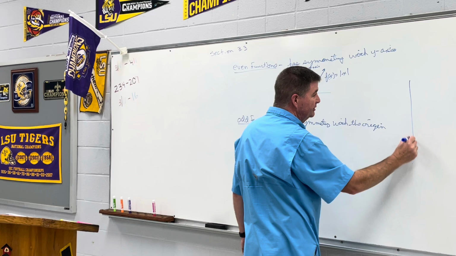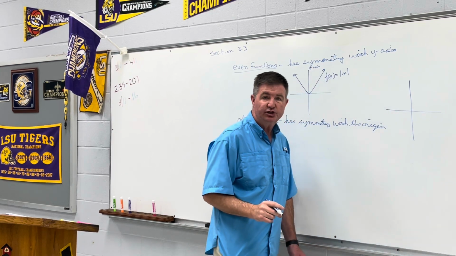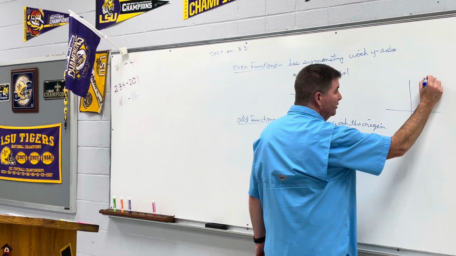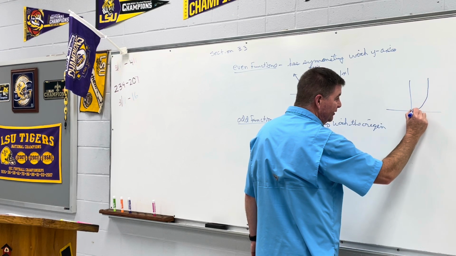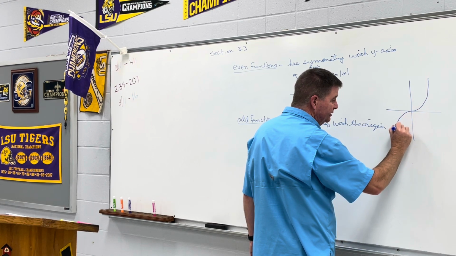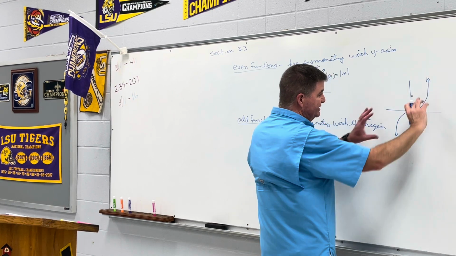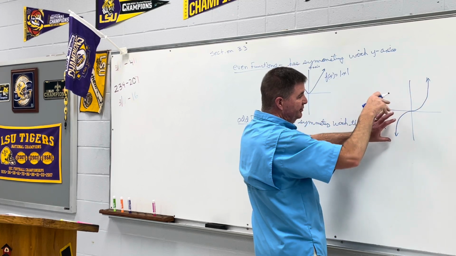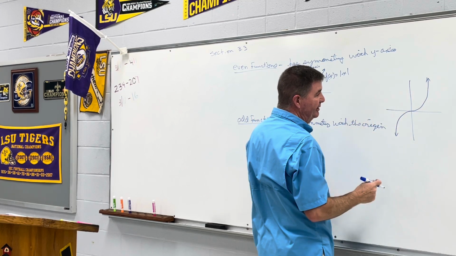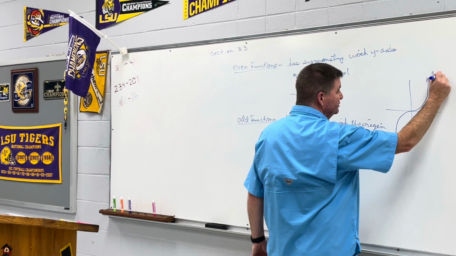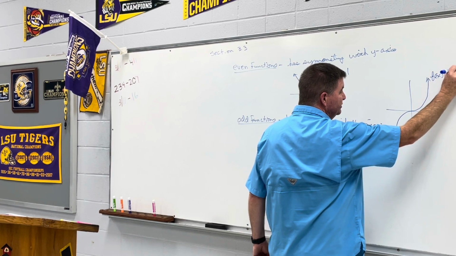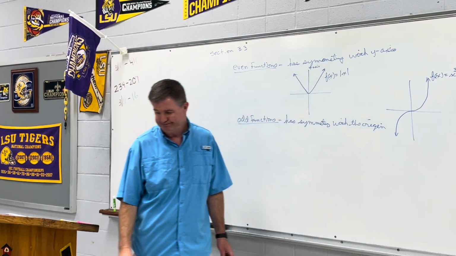An odd function might be like x cubed. So an odd function would come down and pass through the origin. It's almost like you would take it, flip it up on the origin, and flip it around, and then put it back down. So an odd function would be f of x is equal to x to the third power.